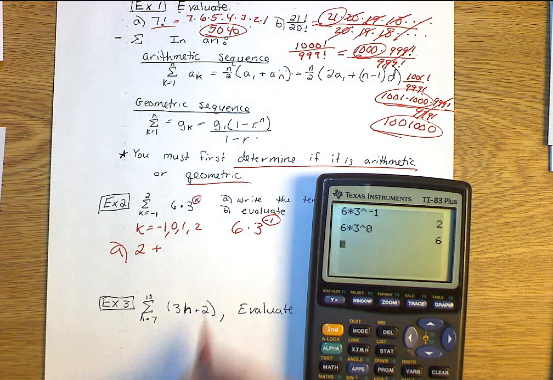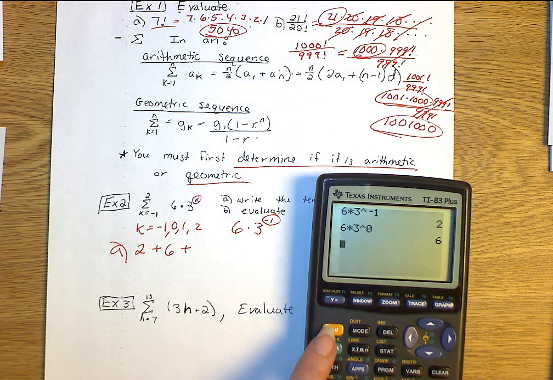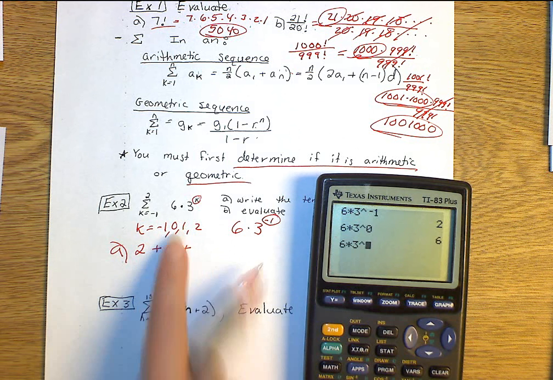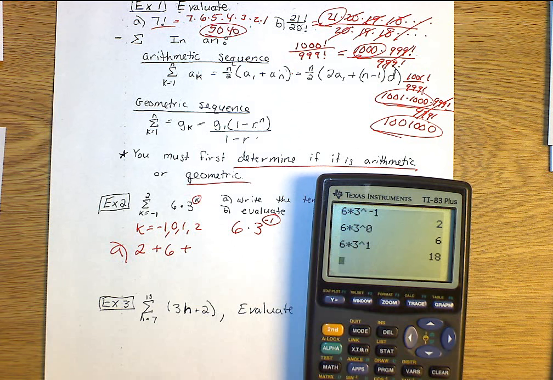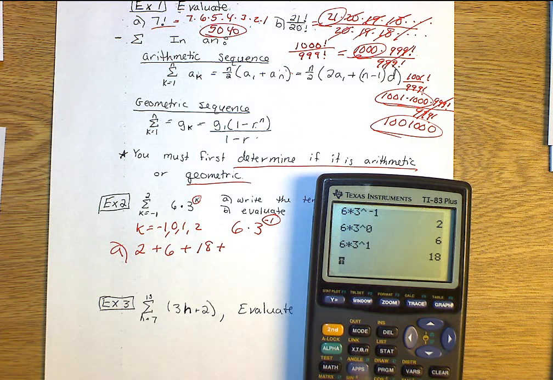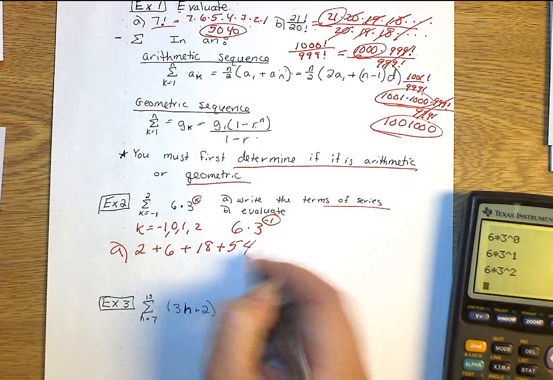That gives you 6. Recall, second entry. I'm going to change my 0 to a 1. 18. Second entry, change my 1 to a 2. So I have 54.